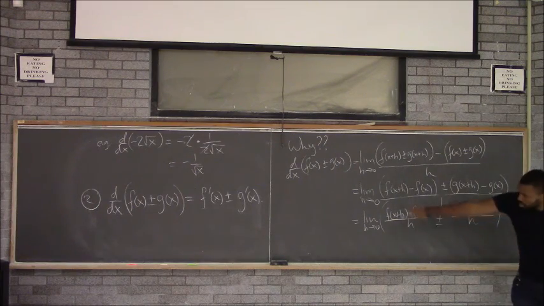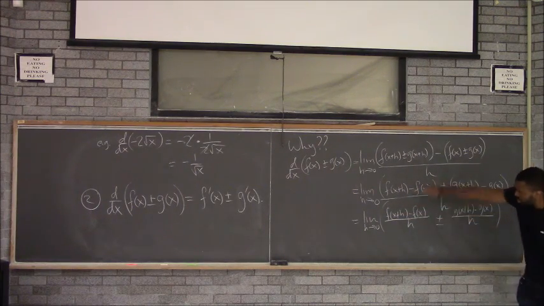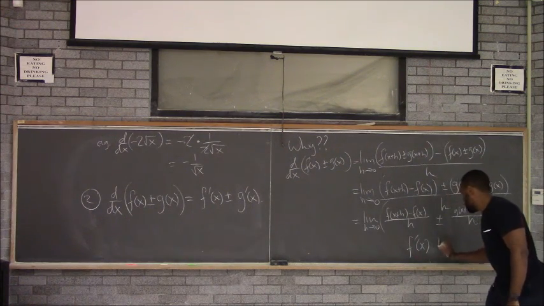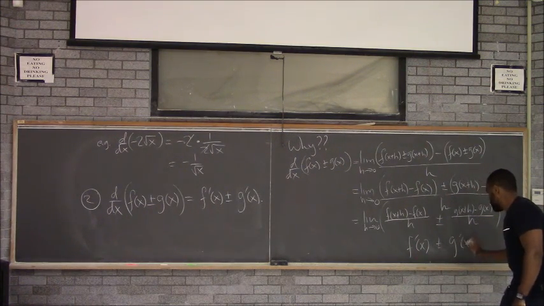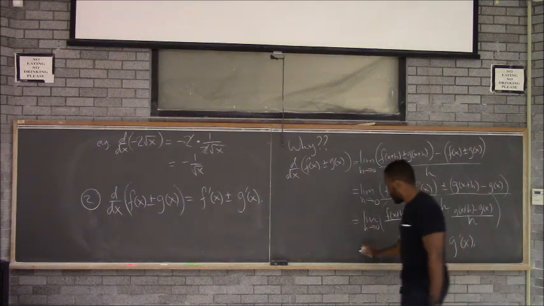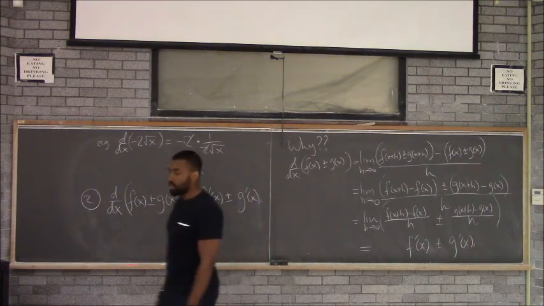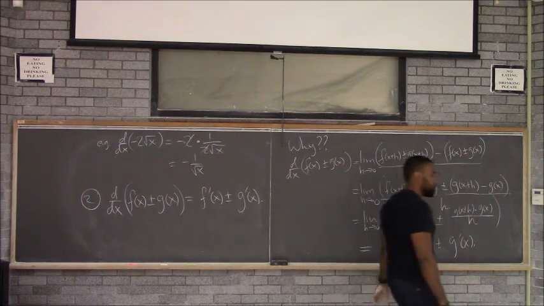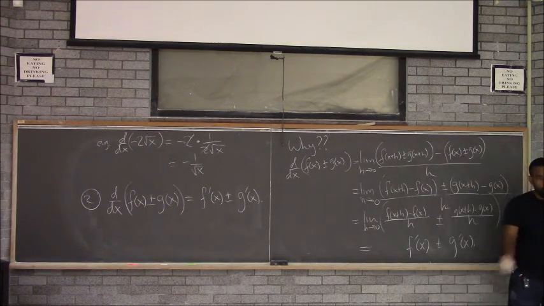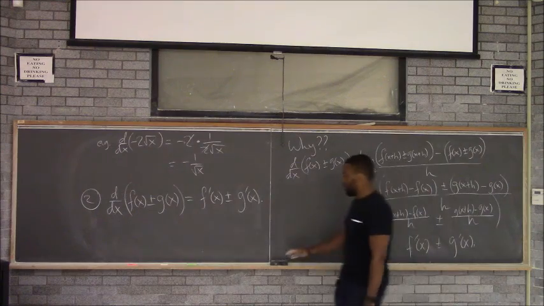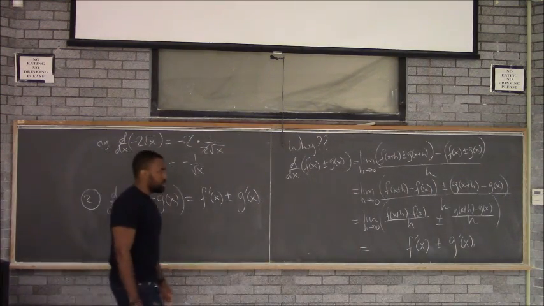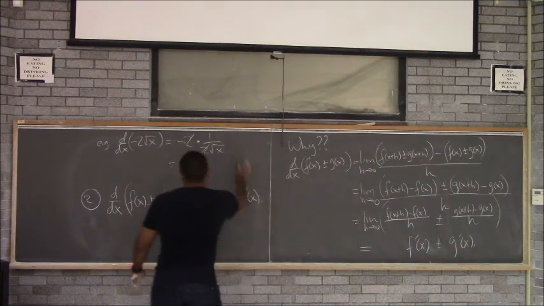Limits distribute across sums, so I can find the limit of this one plus the limit of that one, and of course that just gives me f prime plus or minus g prime. The derivative of a sum is the sum of the derivatives. I can differentiate an addition of two functions by differentiating one at a time and adding them together. So that's how the derivative deals with constant factors and sums.